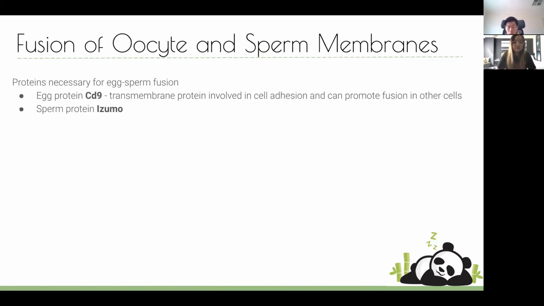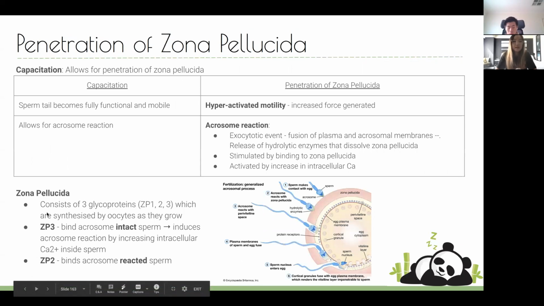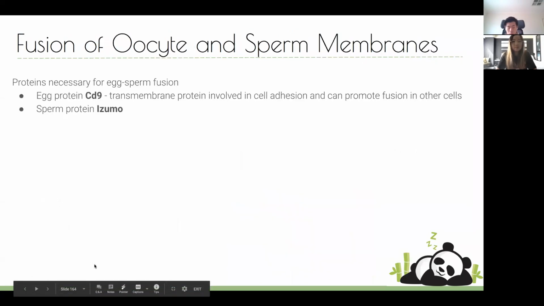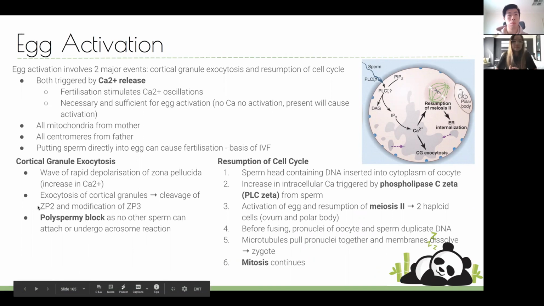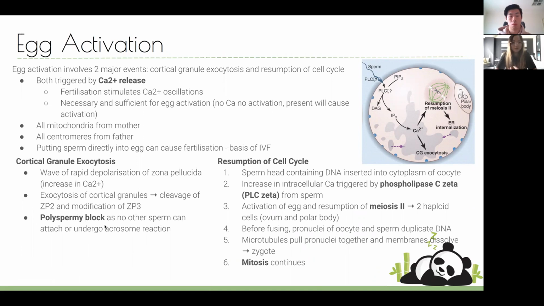So back to this slide, ZP2 and ZP3 are glycoproteins in the zona pellucida. And because that caused binding of your reacted and non-reacted sperm, that can no longer happen. And so cortical granule exocytosis leads ultimately to a polyspermy block. So no other sperm can enter or attach once your first one has entered.